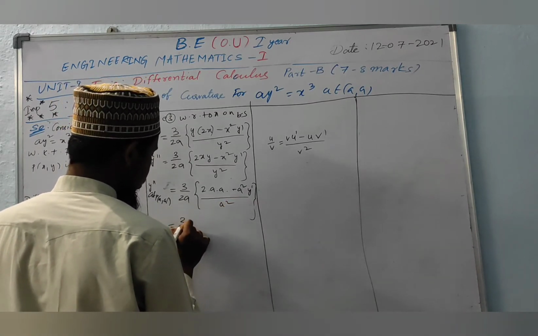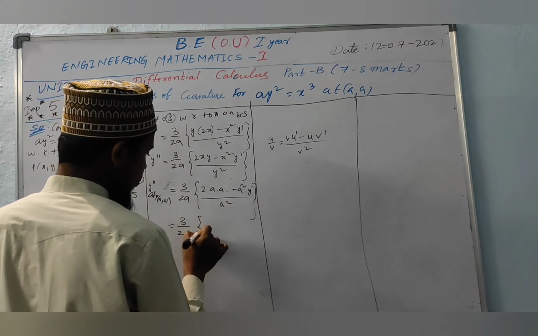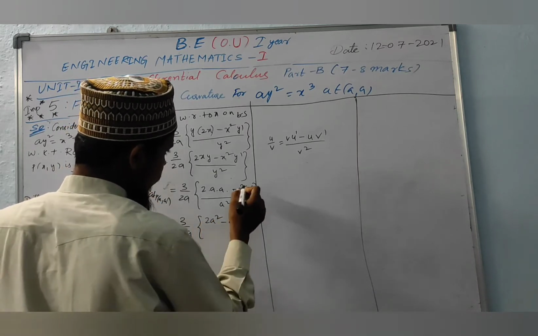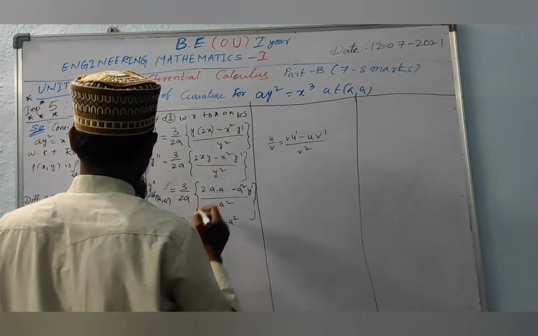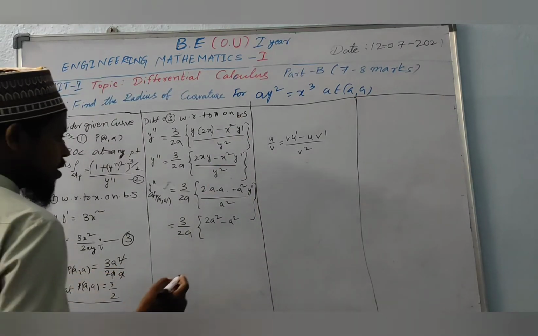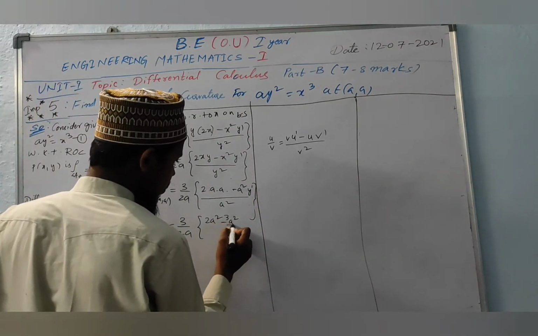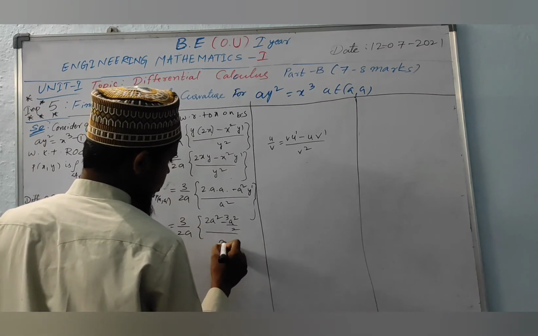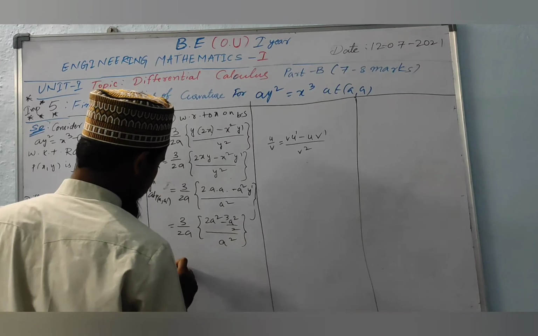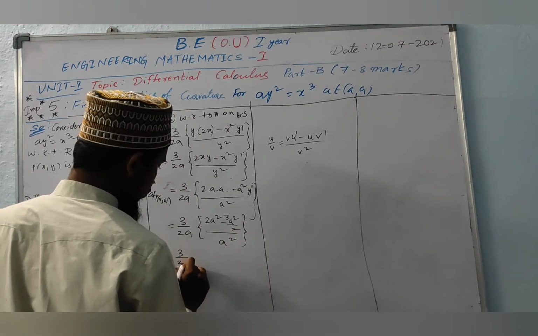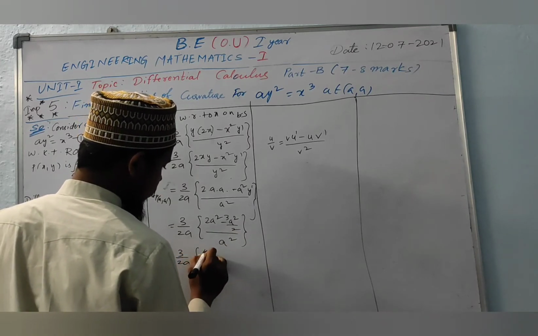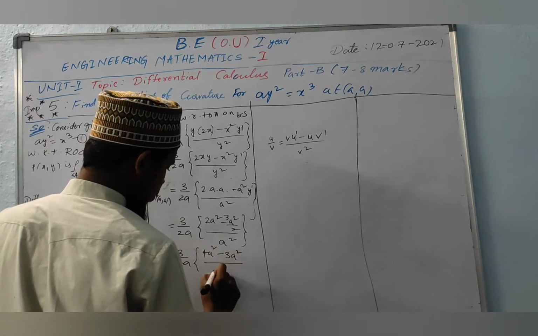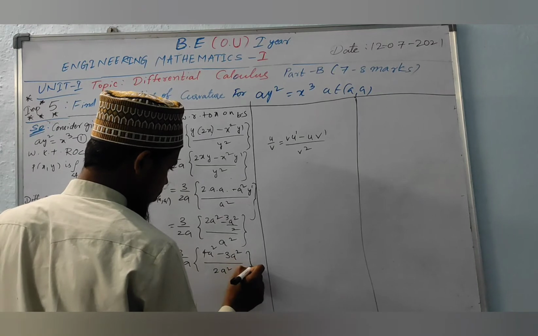Now, 3 by 2a into (2a square minus a square y dash), and we also know y dash is 3 by 2, by a square. Now, 3 by 2a, take LCM, (4a square minus 3a square) by 2a square.